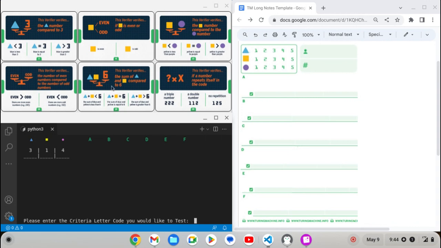Criteria E uses the triangle and the square, the first 2 digits, and it's comparing the sum to a total of 6. Is the sum less than 6? Is it equal to 6? Or is it greater than 6? And lastly, criteria F tells us a little bit about all the 3 digits, and we're going to determine whether all 3 digits are unique, meaning there's no repetition, as in example 125.